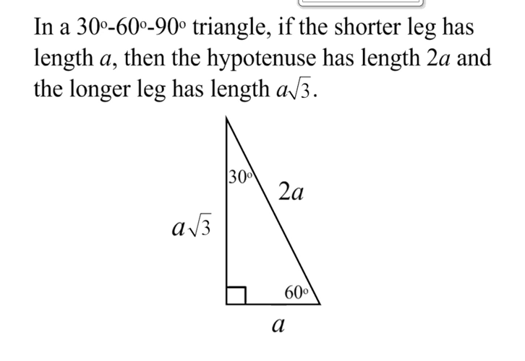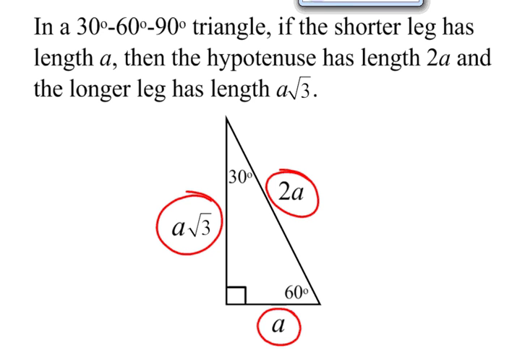In a 30, 60, 90 triangle, if the shorter leg has length A, right there, and the hypotenuse has length 2A, right there, and the longer leg has length A square roots of 3, right there. It is important to remember that the shorter leg will be opposite the 30-degree angle because that's the smaller angle, and the longer leg will be opposite the 60-degree angle because that's the bigger angle.